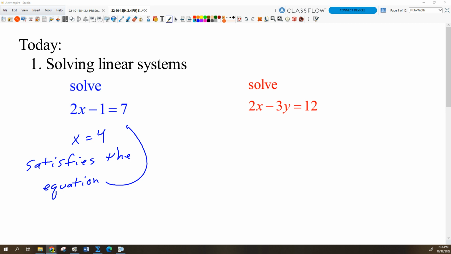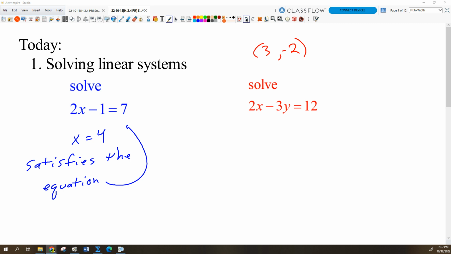That's an easier one. If I pick x equals 3, that is a solution, but what's the value of y that would have to go with that value of x? Negative 2? Yeah, that works, doesn't it?